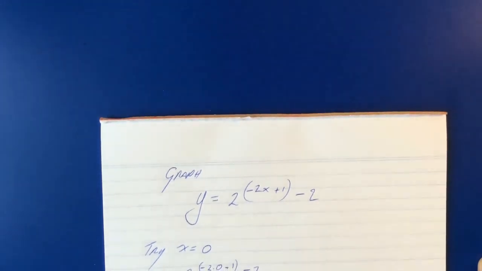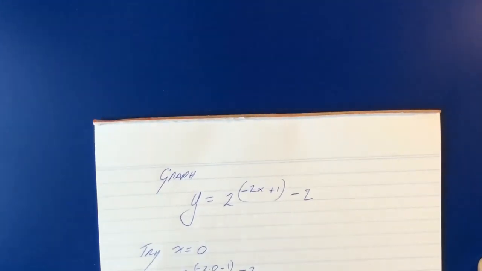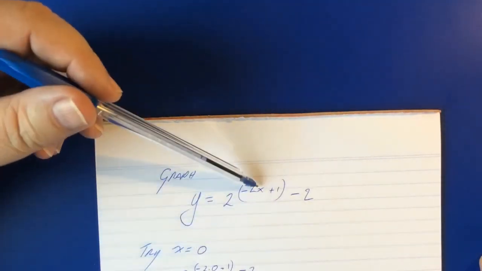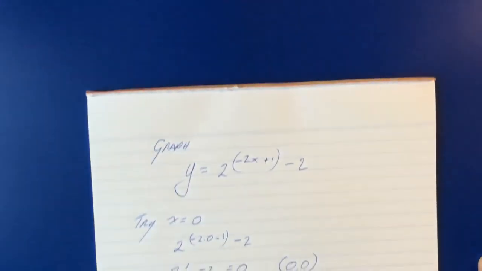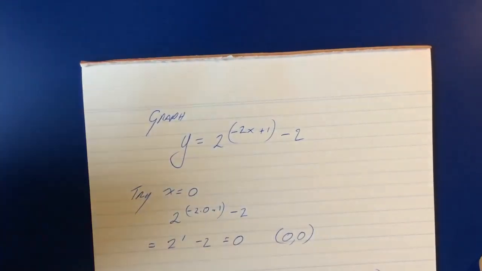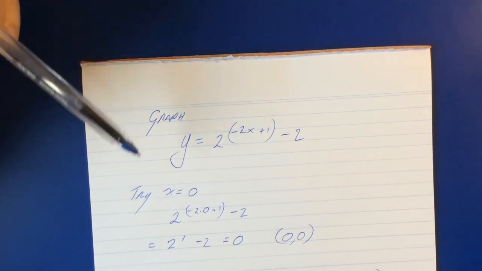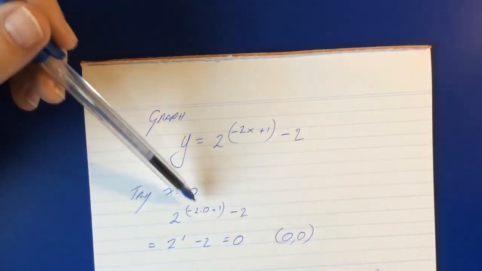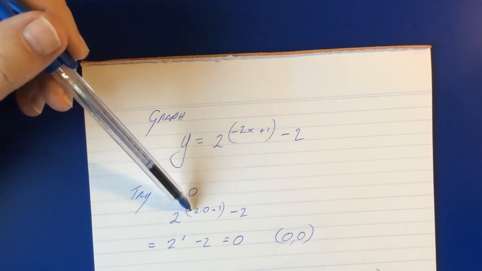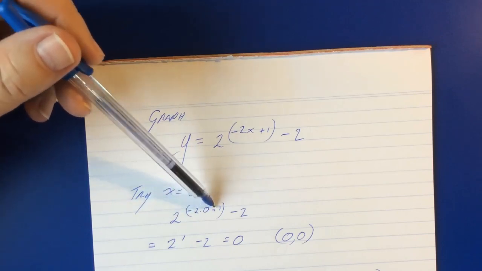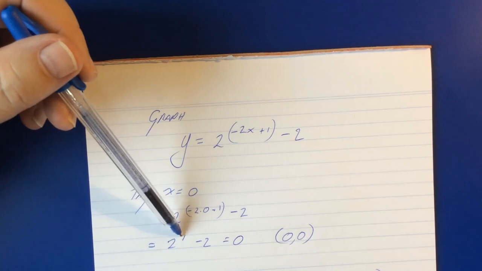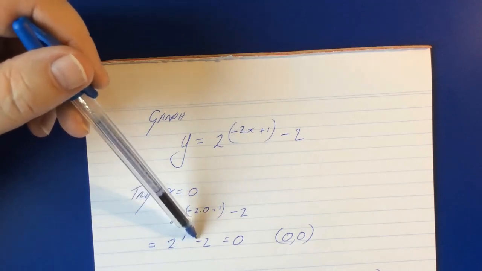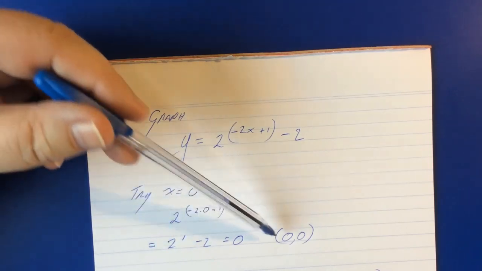First thing is to try x equals 0 in this function. And when we do that, we get something that is both helpful and unhelpful. We discover that this passes through the origin, because if we make x equals 0, that's 2 to the power of negative 2 times 0 plus 1, which is 2 to the power of 1, minus 2. 2 to the power of 1 is 2, minus 2 is 0.